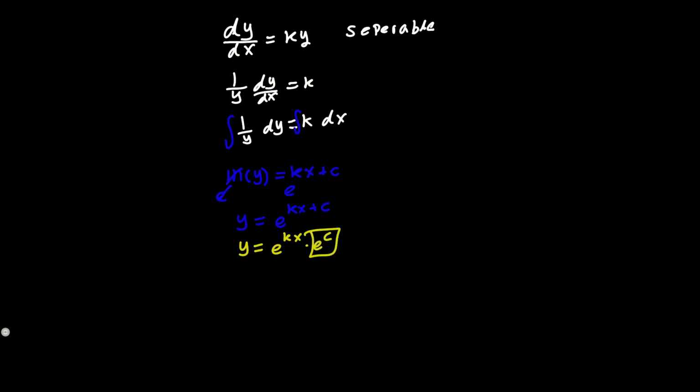Where this, simply we could rewrite this as c because e to the c is simply a constant as well. So it is going to be c. So the solution is going to be y is equal to c times e to the kx. And that is going to be the solution to this separable differential equation.